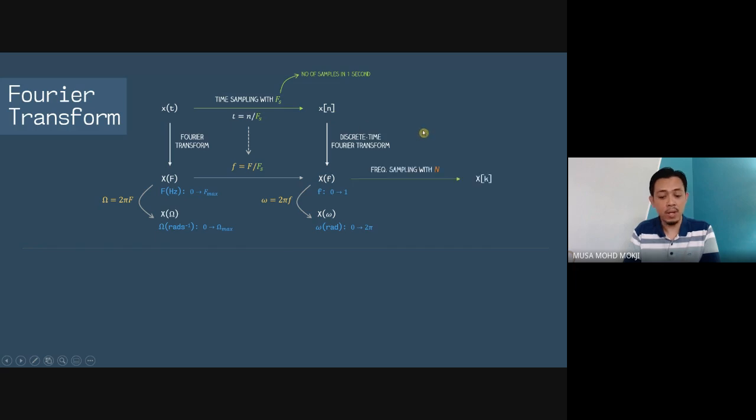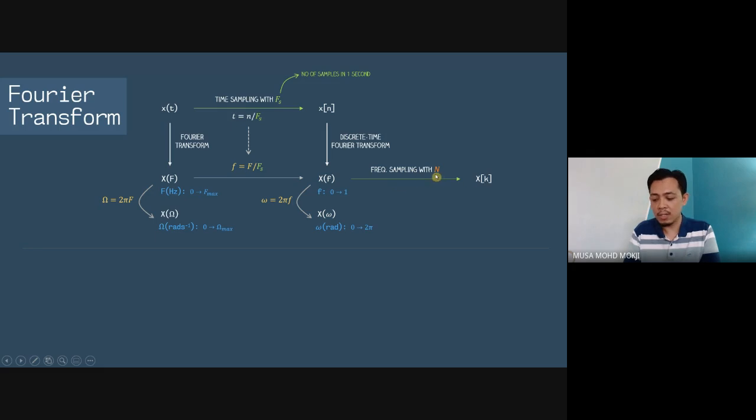And we have another one. What we do here is sampling on time, and then we get discrete time. But we didn't do anything to the frequency, so we didn't sample the frequency. To make everything discrete, we need to sample the frequency also.